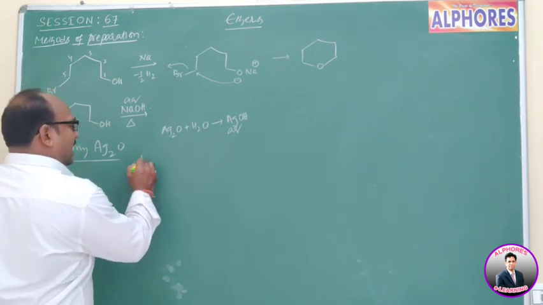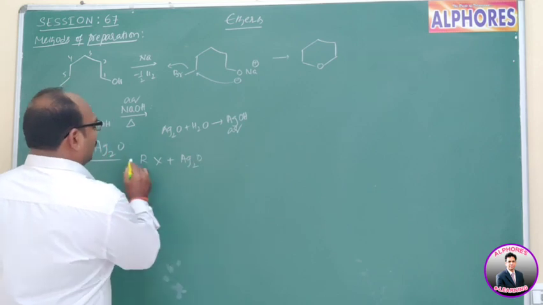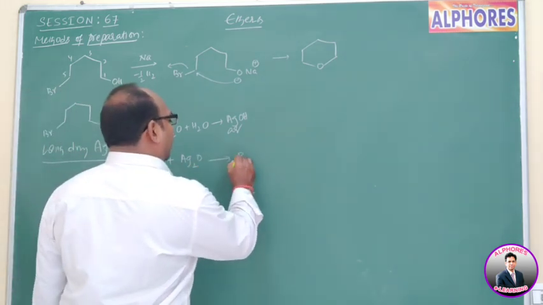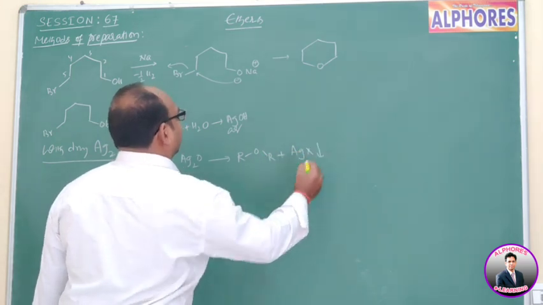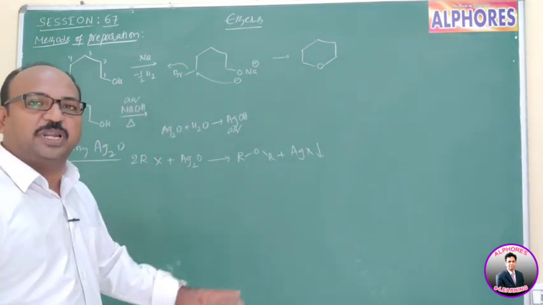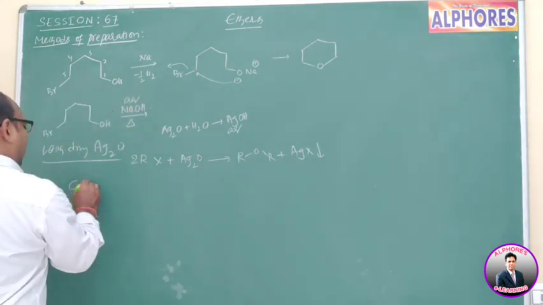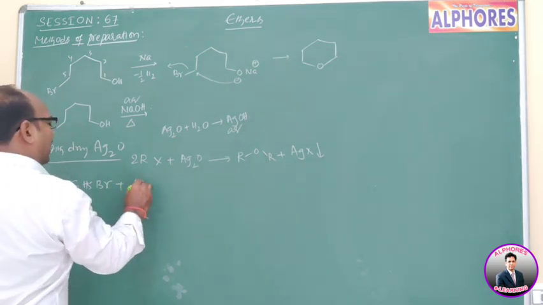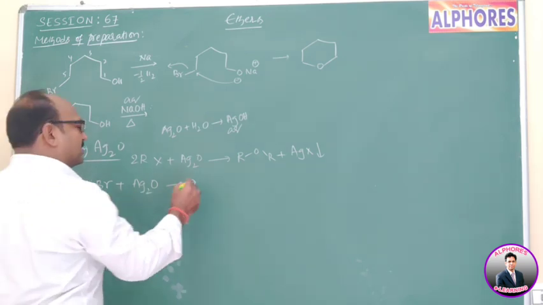Here, let us suppose alkyl halide upon reaction with Ag2O. 2 moles of alkyl halide upon reaction with silver oxide, we are getting ROR and AgX precipitate. So here AgX precipitates out and we are getting ROR. Let us consider ethyl bromide, C2H5Br, 2 moles, upon reaction with dry silver oxide.